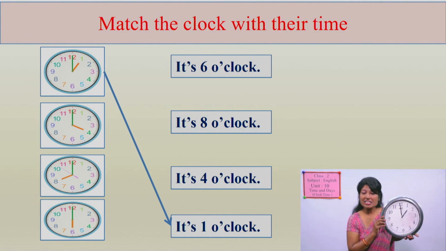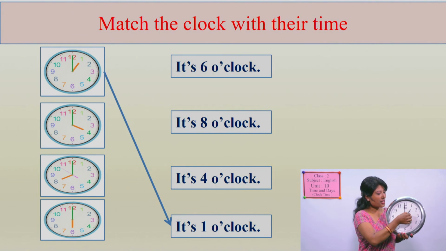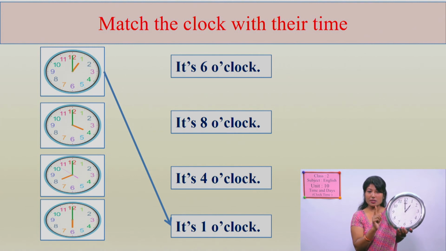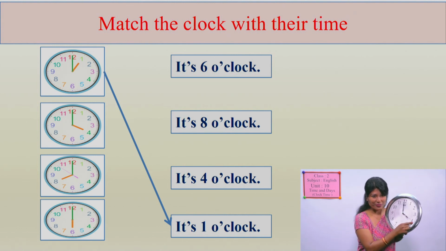So the number shown by the shorter hand is the time. Do not forget. Now this shorter hand goes tick tock, tick tock to the 4.